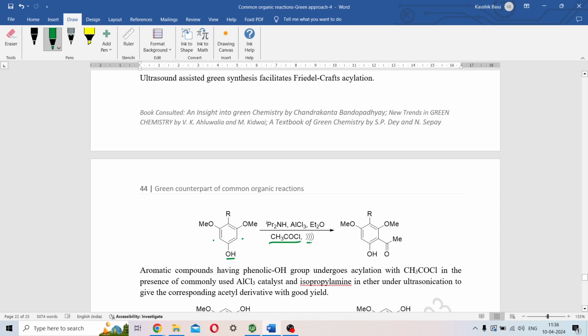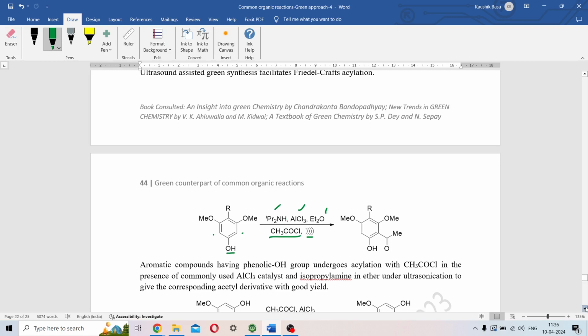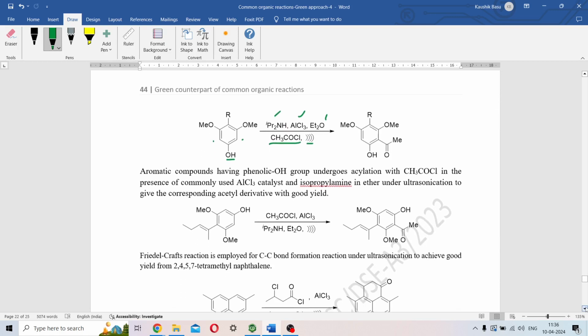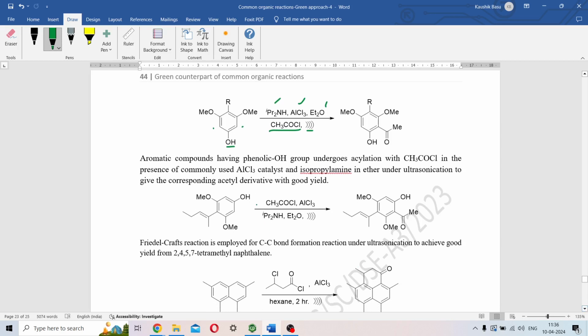So this means sonication. We are using AlCl3 as catalyst, diethyl ether as solvent, and isopropylamine is present as the base to mop up any proton that is coming out of the reaction. The same thing can be done with this one, where the OH again directs the incoming electrophile ortho to it.